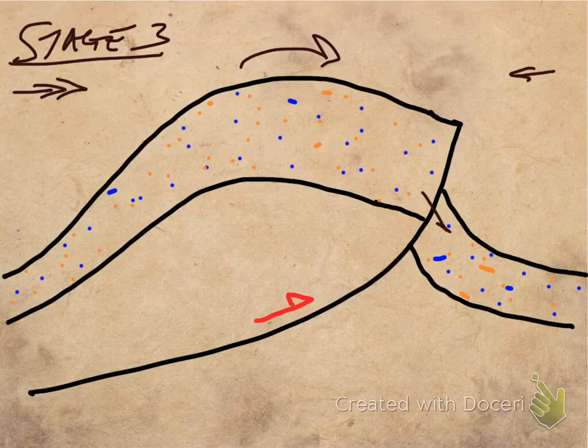Note that you have self juxtaposition across the faults between the footwall and the hanging wall package.